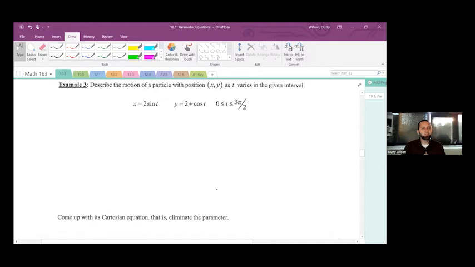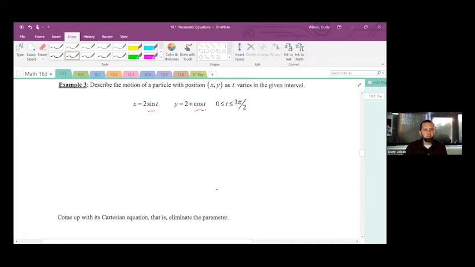So here, x is equal to 2 sine t, and y is equal to 2 plus cosine t, and we're on 0 less than or equal to t less than or equal to 3 pi over 2. You'll notice that this looks similar to the circle formula that we were given, but notice here we have sine with x and cosine with y.